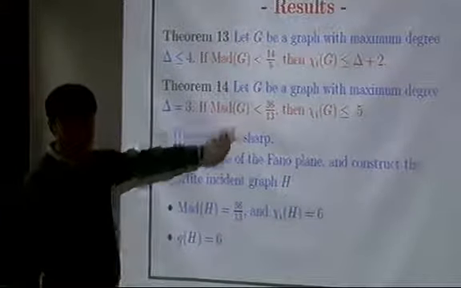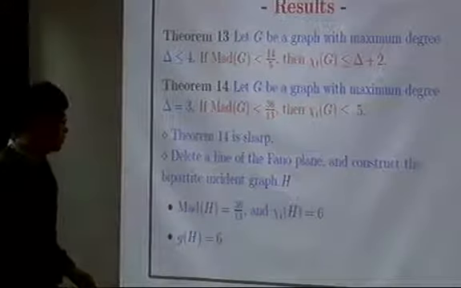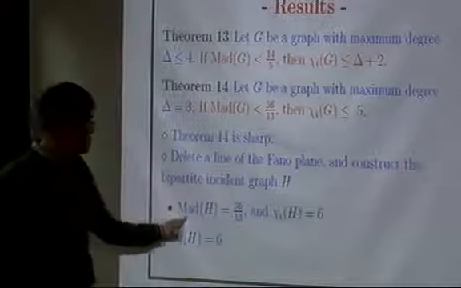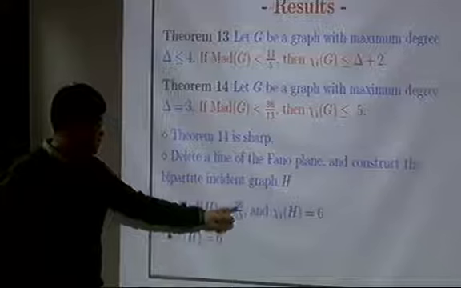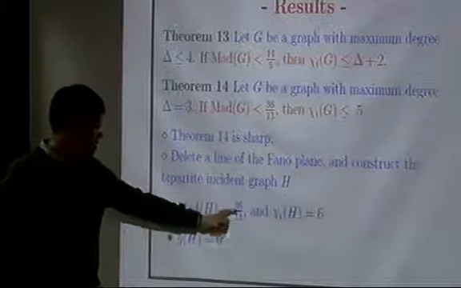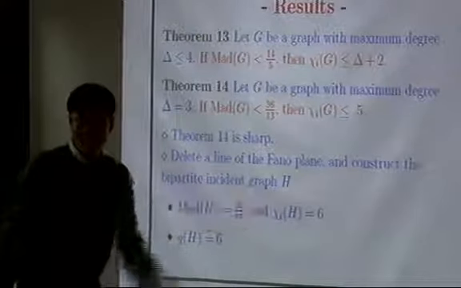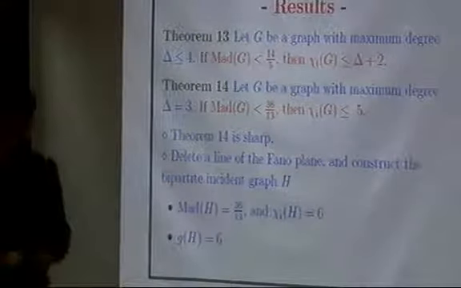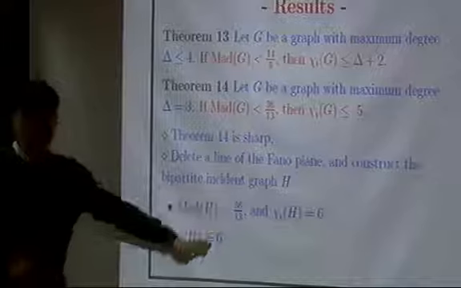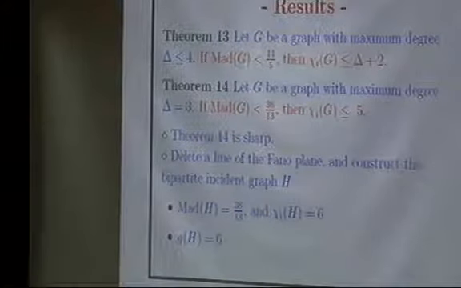The reason is we have a construction where maximum average degree is exactly 36/13, but its injective chromatic number is 6. How can you get this construction? Again, using the Petersen plane.